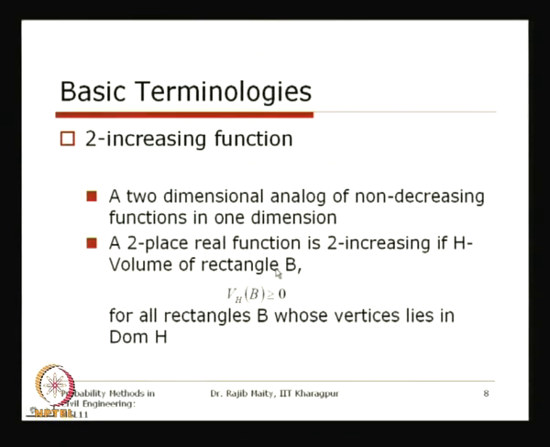So this is the first of the basic terminologies that we are taking: the 2-increasing function. What does a 2-increasing function mean? It is a 2-dimensional analog of the non-decreasing function in 1 dimension. The first point is how it corresponds to its counterpart in the 1-dimensional case.